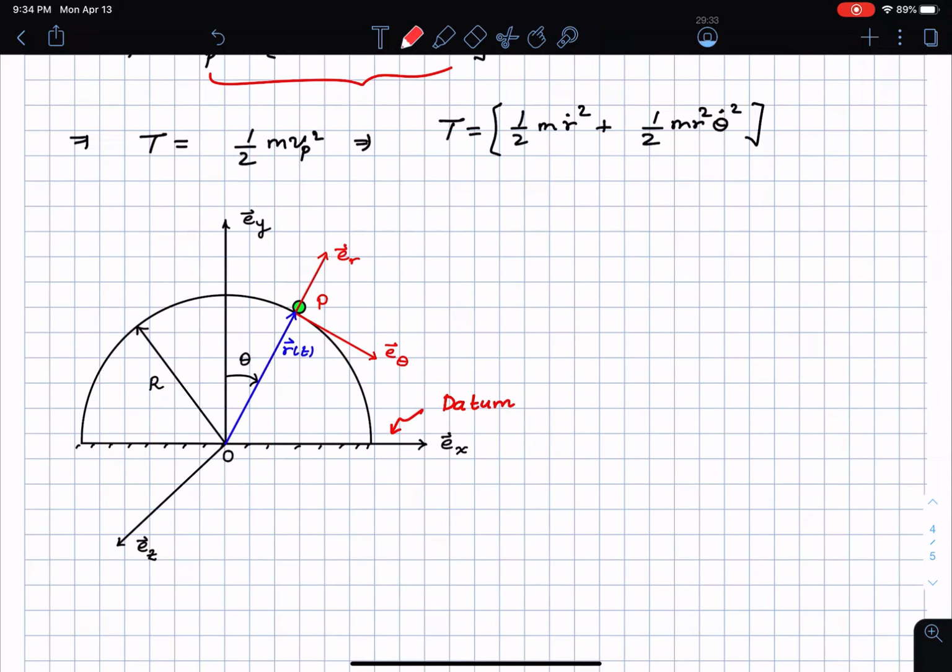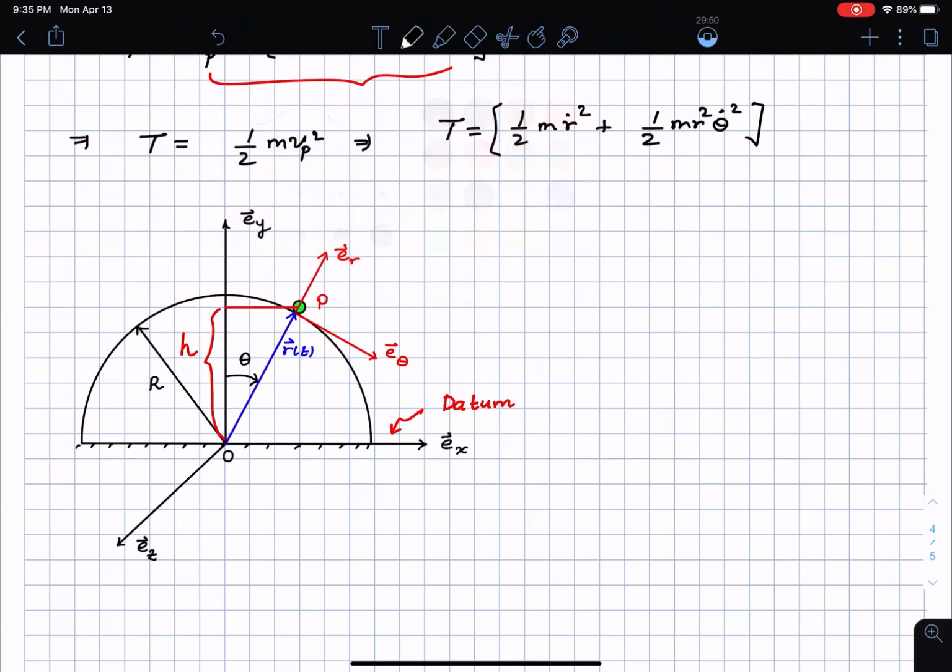Okay, so if I look at that, here is the situation. So here is the particle, and I'm interested in this particular height. That's going to be my height h, and it's quite evident to see that h is r times cosine theta.